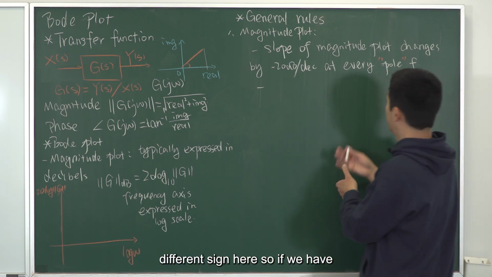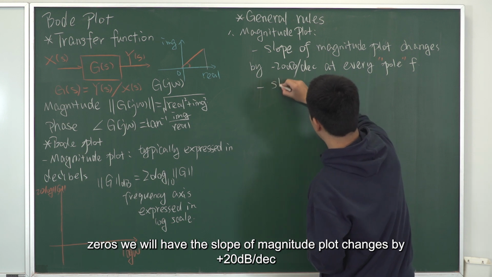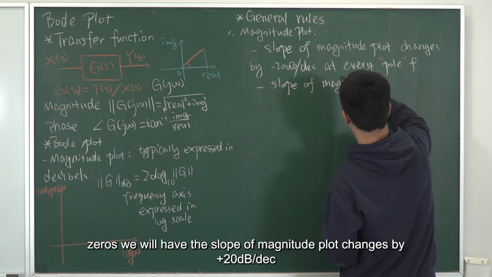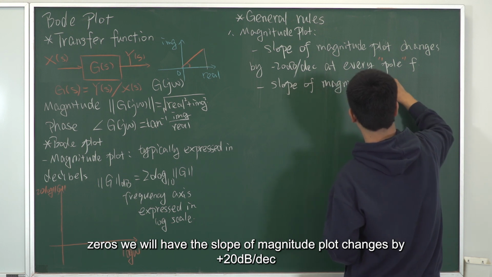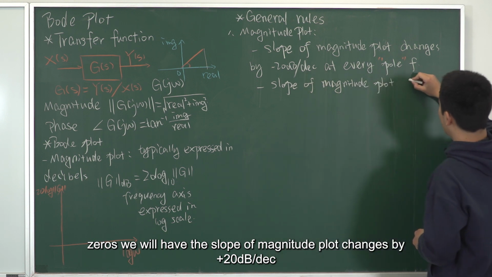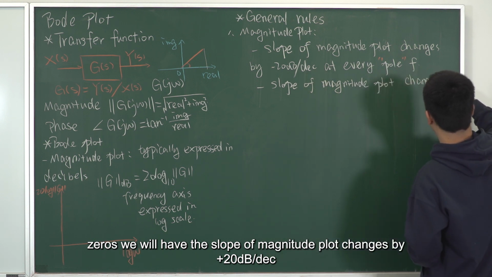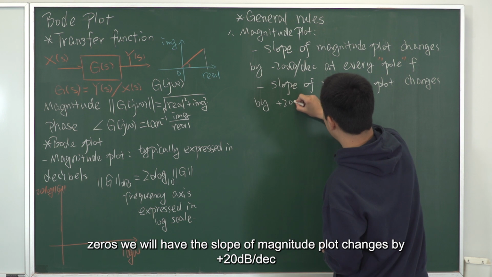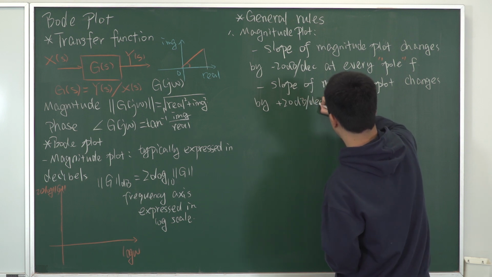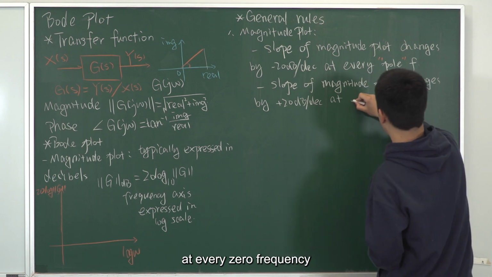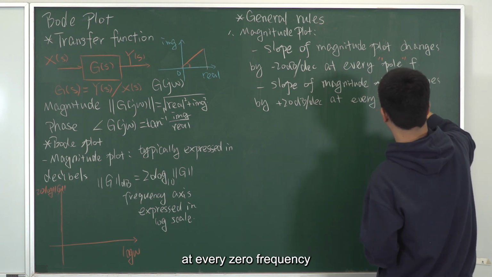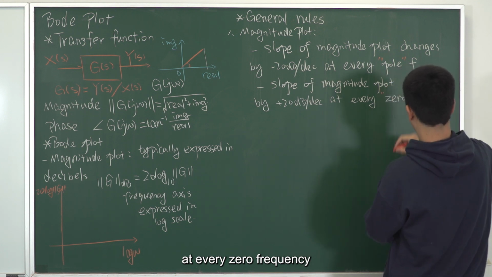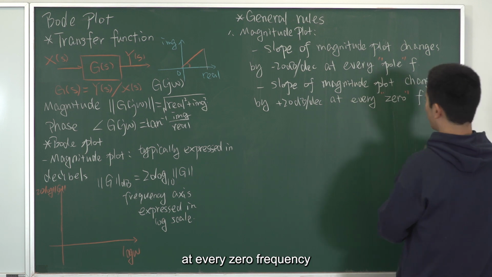If we have zeros, the slope of the magnitude plot changes by plus 20 dB per decade at every zero frequency.